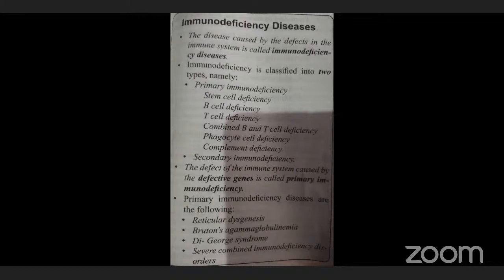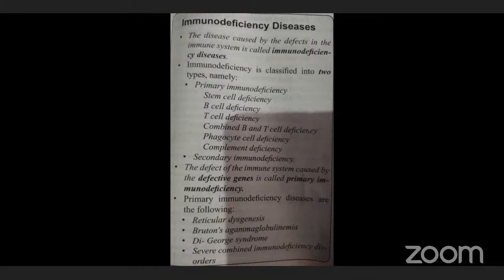DiGeorge syndrome means the thymus fails to develop. There is no thymus, which is a primary lymphoid organ. Yesterday we discussed primary lymphoid organs.